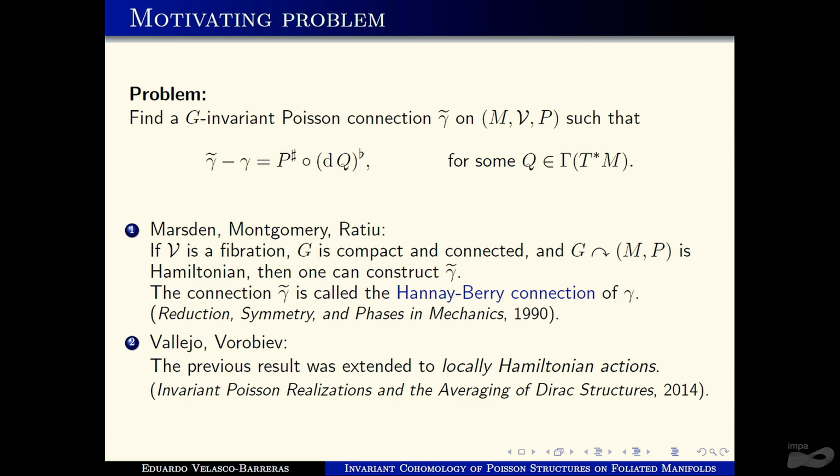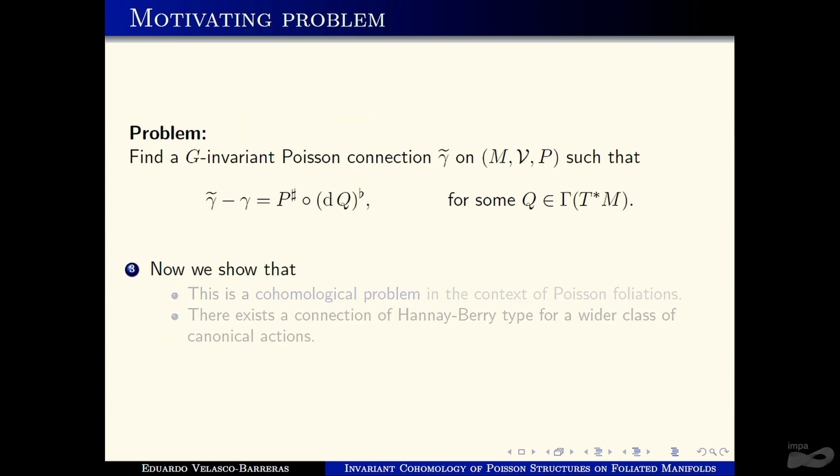So what we are going to do here is to show first that this problem of finding this connection is in fact a cohomological problem in the context of the cohomology of Poisson foliations. This also motivates another of the problems I'm going to discuss here, the isomorphism between the invariant cohomology and the cohomology of the Poisson foliation.